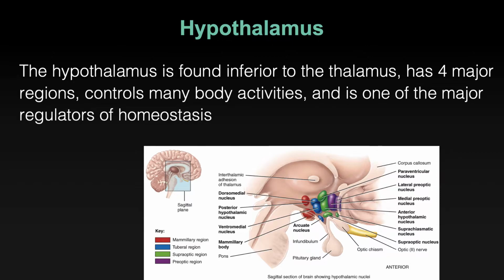And all of these colored blobs are parts of the hypothalamus. What you'll want to notice right off the bat is that these bodies, these nuclei, the colored parts of the hypothalamus, line the wall of the ventricle. That will become important. They're in the wall of the ventricle, and so they're bathed in cerebrospinal fluid.